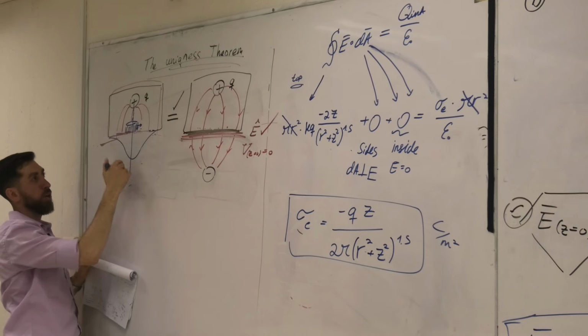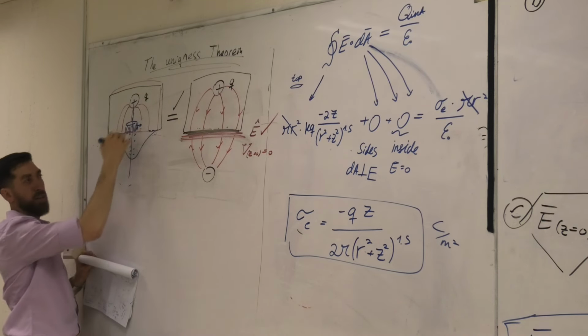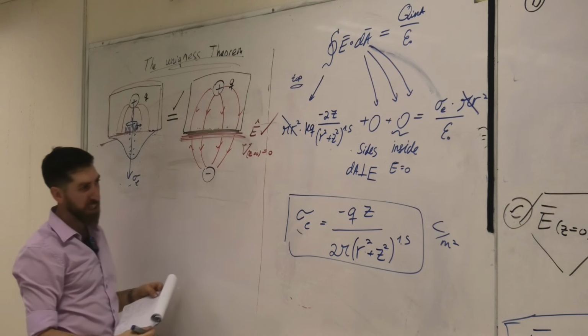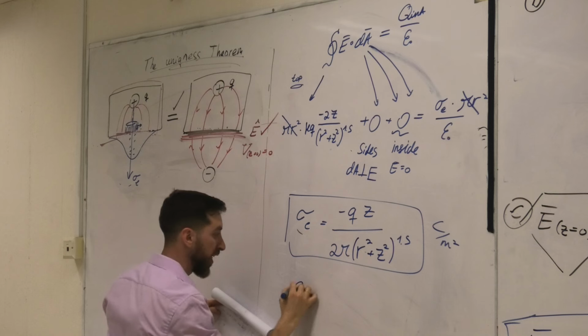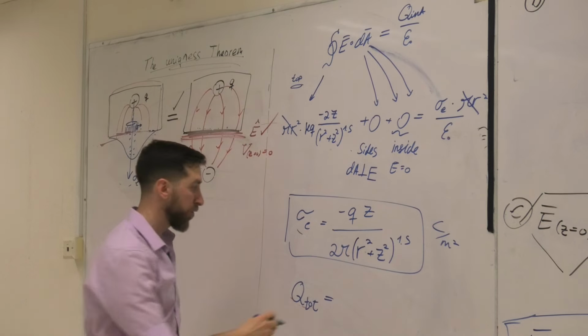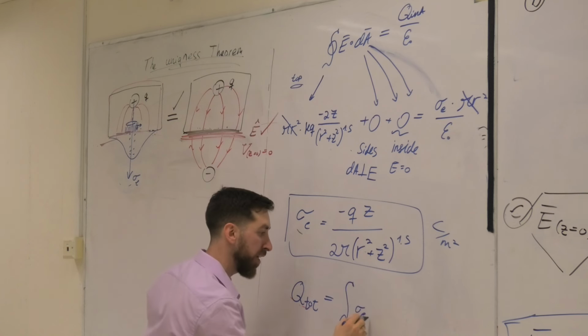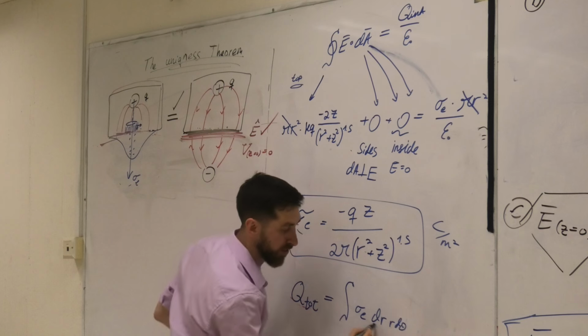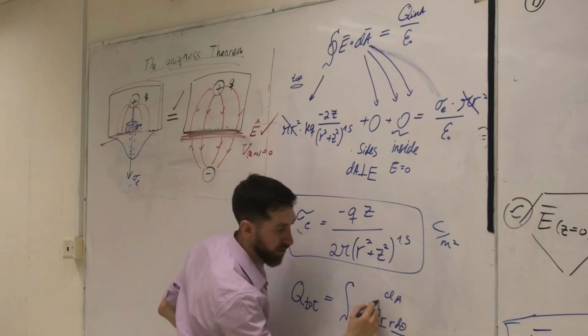A lot of particles would accumulate here. You see? Okay? And if I do an integral, what is the total charge on the tissue? The total amount of charge. I can do sigma E dr r d theta, right? This is dA, right?